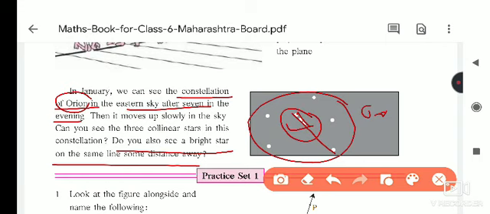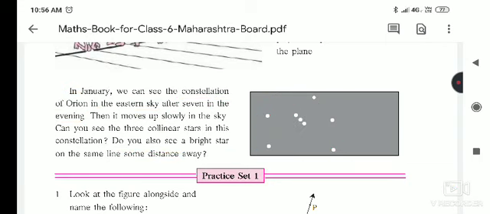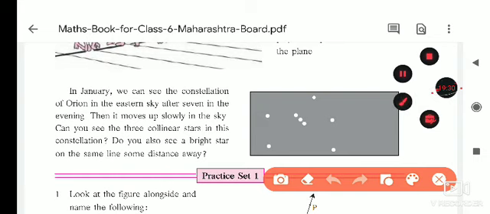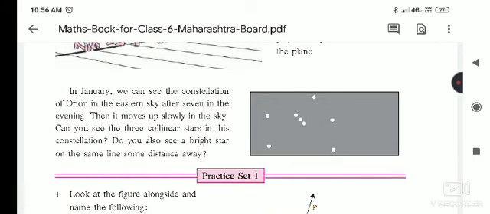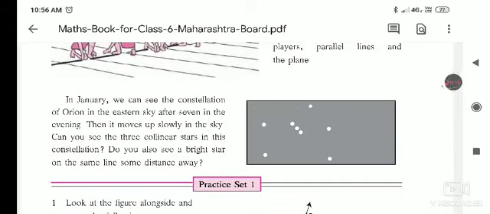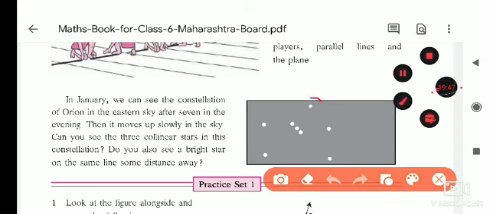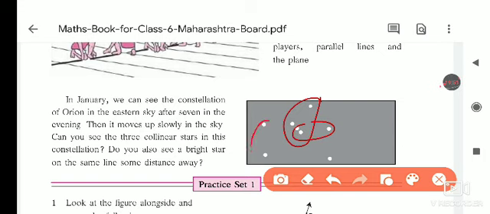If we extend this line, we can draw one line passing through all of them. So these points are called the collinear points. And if you take any other point from this, then these are the non-collinear points.